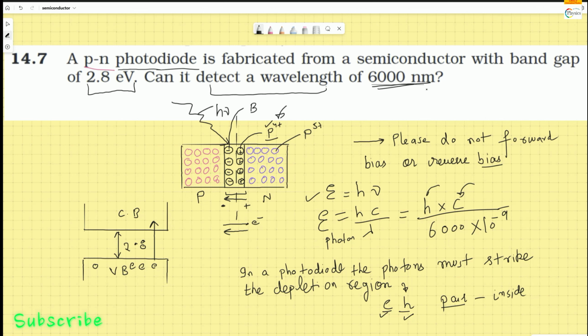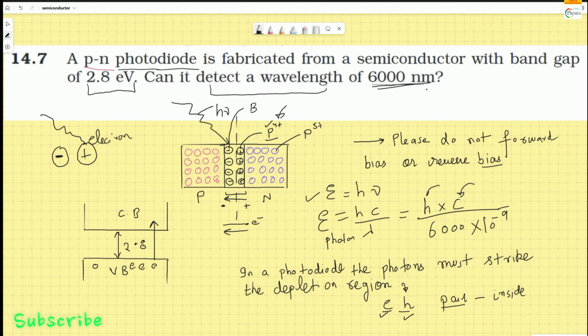Boron ions and phosphorus ions are inside, they have nothing except that they're ions, right? So they have their plus and a minus, and when the photon strikes them, it releases one more electron and leaves behind a hole.